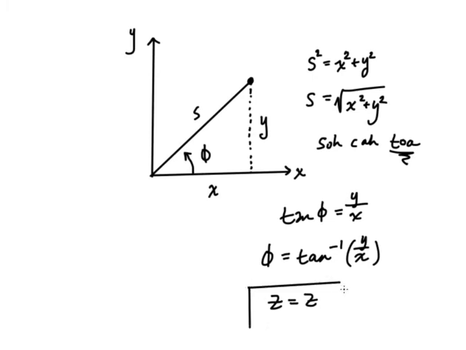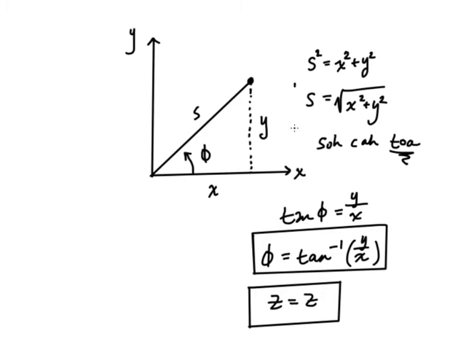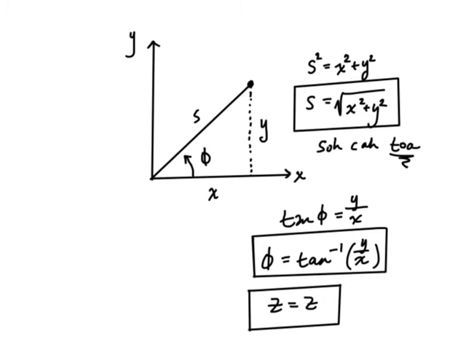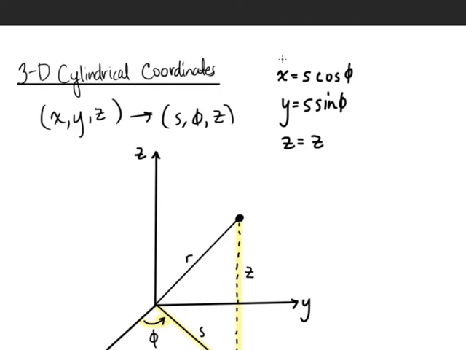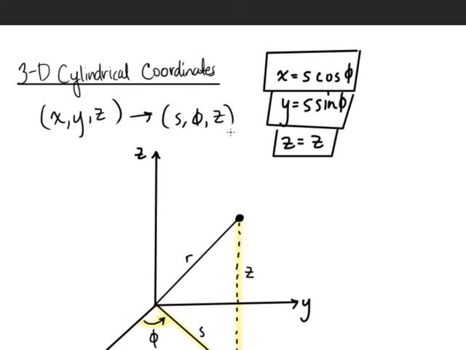So we'll highlight these, and highlight this one. And we'll highlight this one. So we've found s, phi, z, as well as x, y, and z.